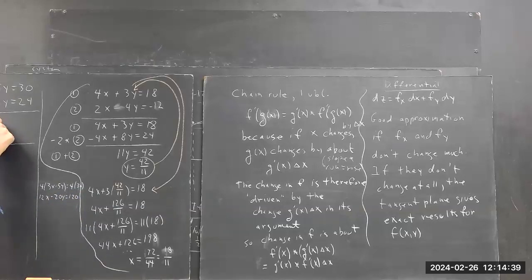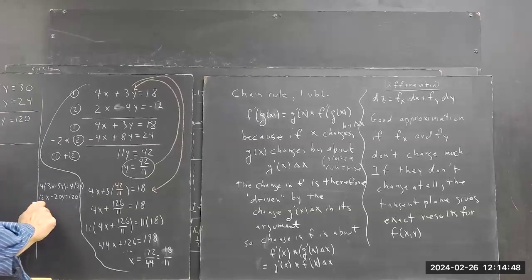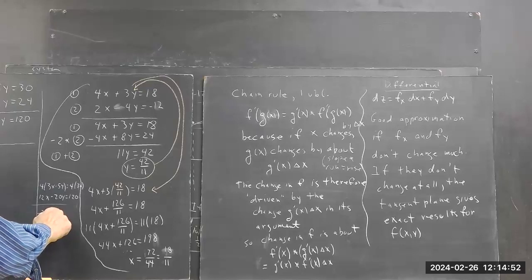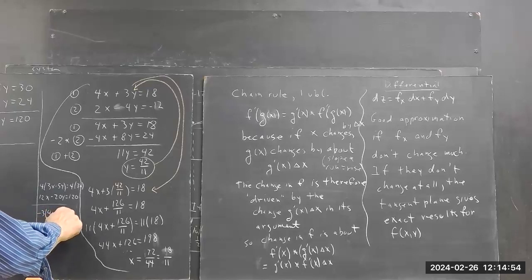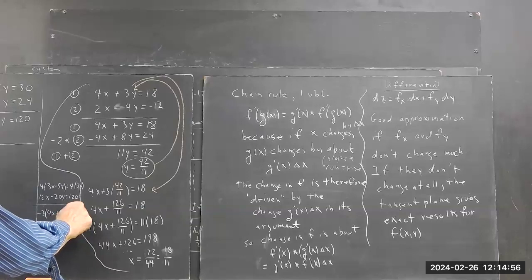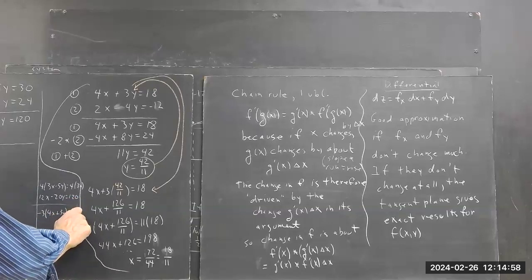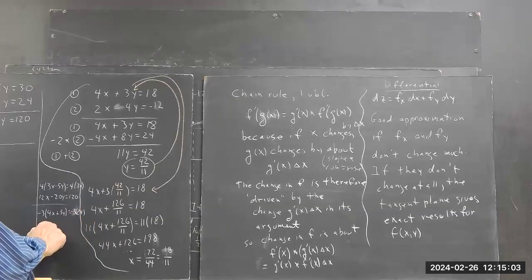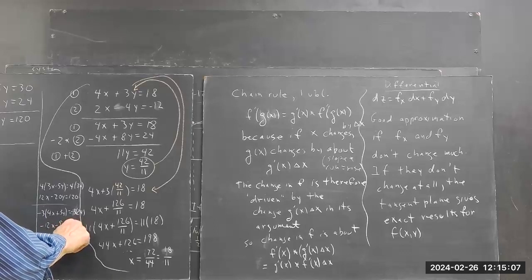Then I do -3 times 4x plus 3y equals -3 times 24, and I get -12x minus 9y equals -72.